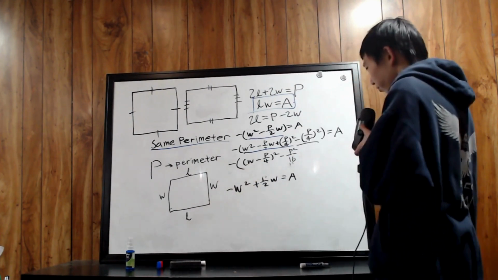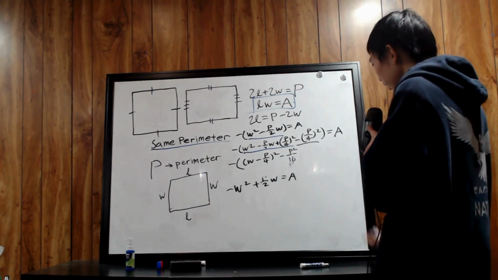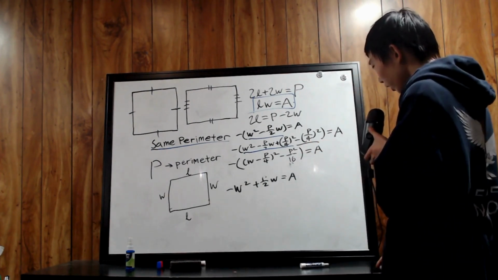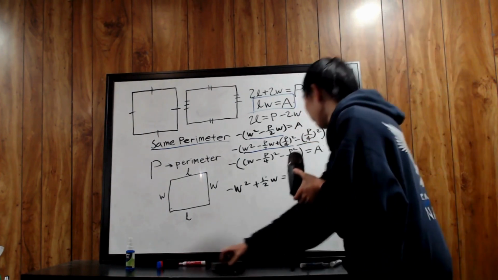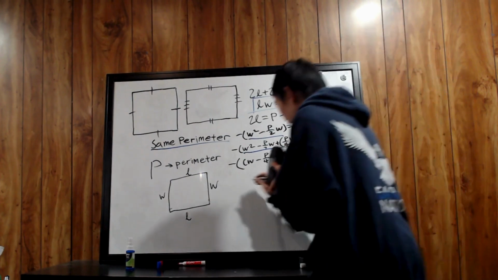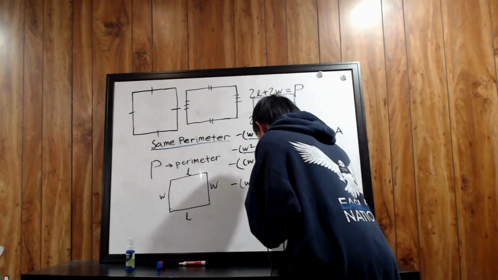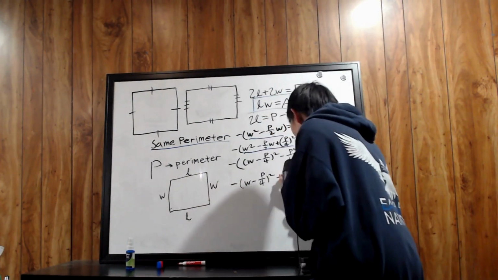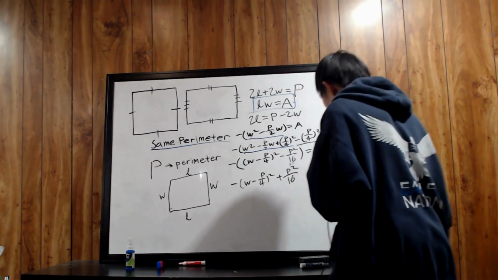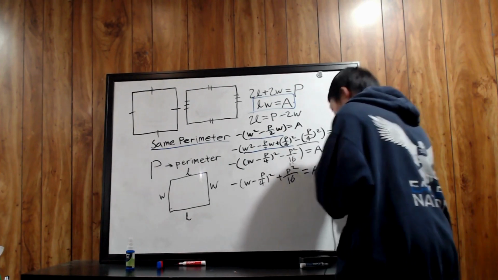And then we have this equal to the area. Now let's bring this negative sign back into the equation. We just have negative, W minus P over 4 all squared, plus P squared over 16, equal to the area.